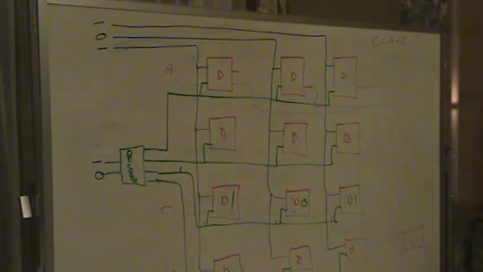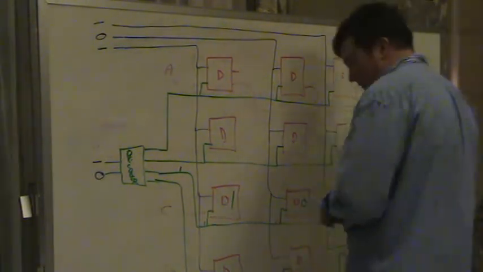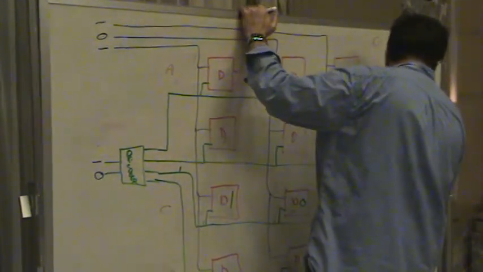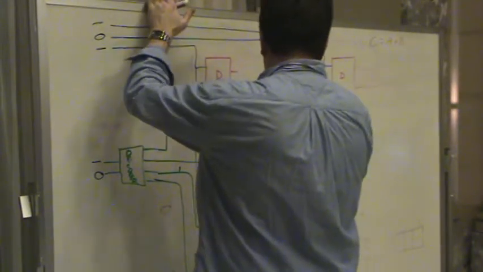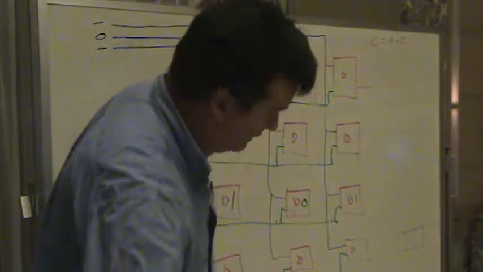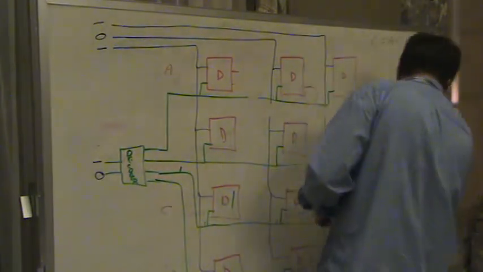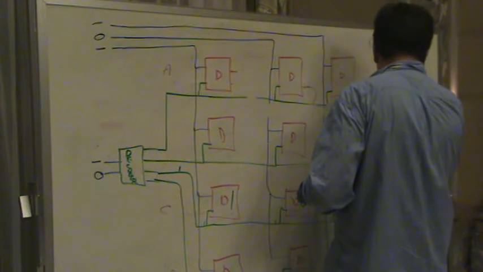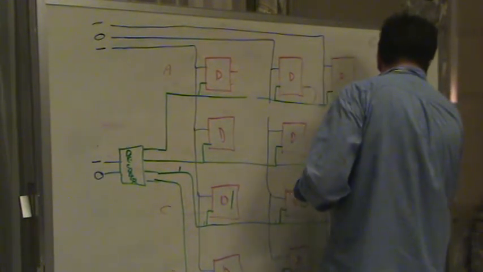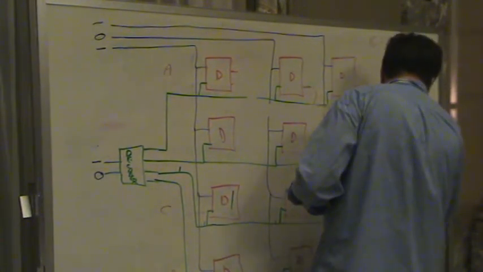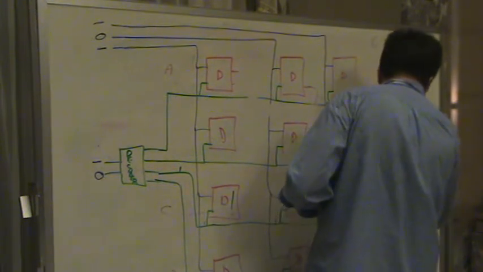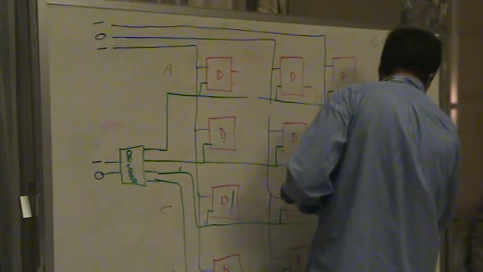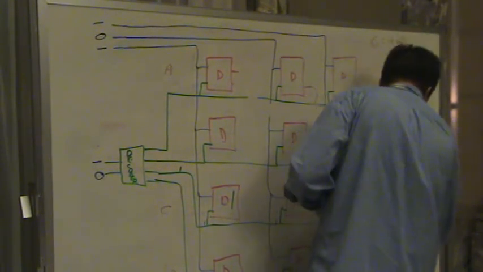What we could do is, let me just erase this. I'm just going to do the outer one, and you can imagine that for the inner ones it's the same thing. Suppose the output of this D flip-flop, and this one, and this one, and this one could all be brought together into something.